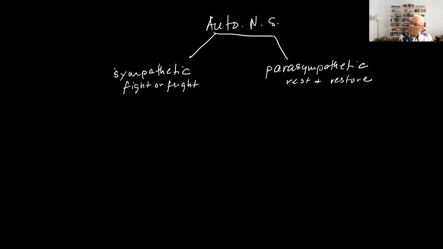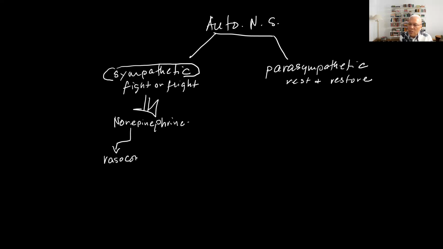Okay, so the sympathetic nervous system actually acts by way of a hormone, and this hormone is what is known as norepinephrine. And if it is released, what does norepinephrine do? Well, it does a lot of things. One of them would be vasoconstriction, an increase in heart rate, and so on and so forth.